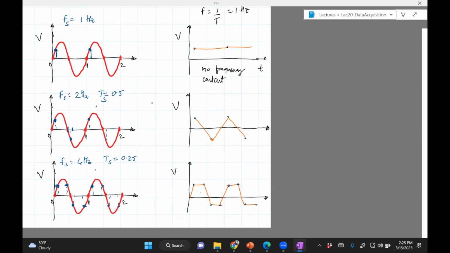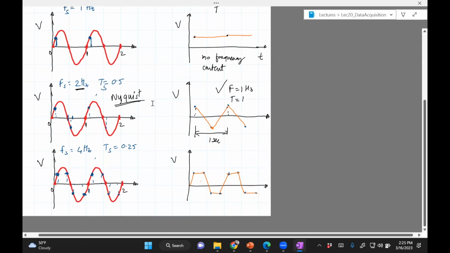When we sample at twice the frequency of the signal, which is, by the way, the Nyquist frequency, we see that the time period is actually 1 second. This is 1 second. So this works. It says that the frequency of the signal is 1 hertz, or the time is 1. Okay, so this is faithfully reproducing the frequency of the signal when we do it with the Nyquist frequency.